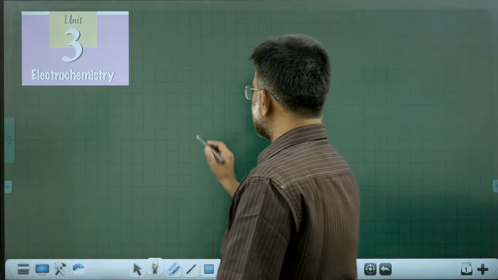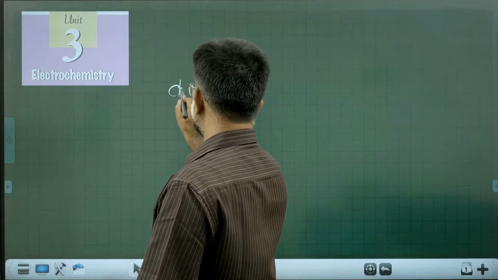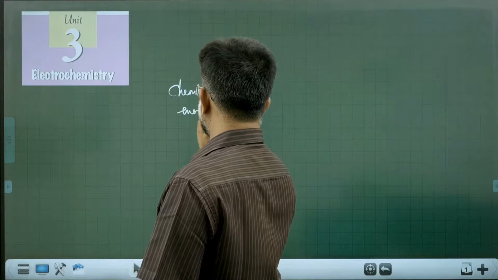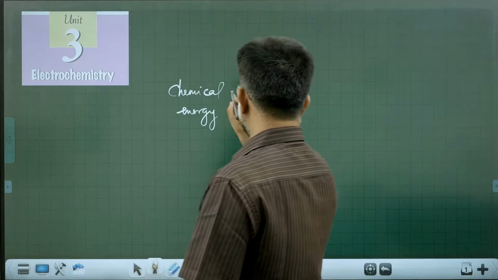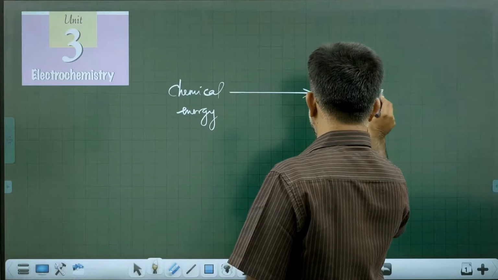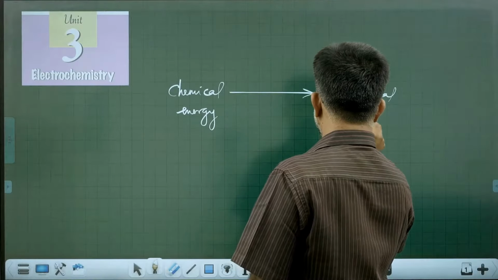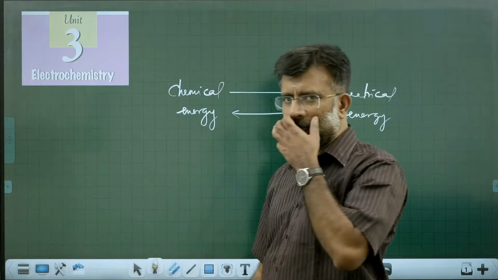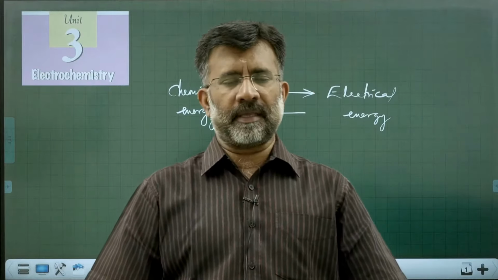Electrochemistry deals with the conversion of chemical energy to electrical energy and vice versa, electrical energy converted to chemical energy.